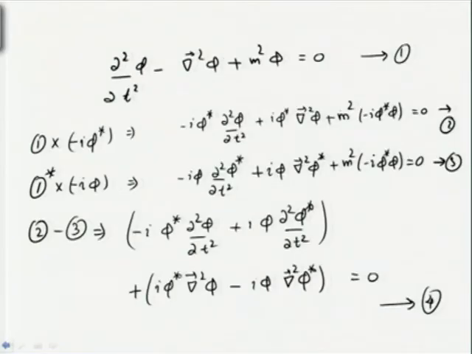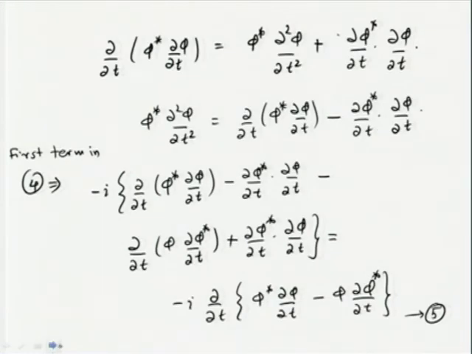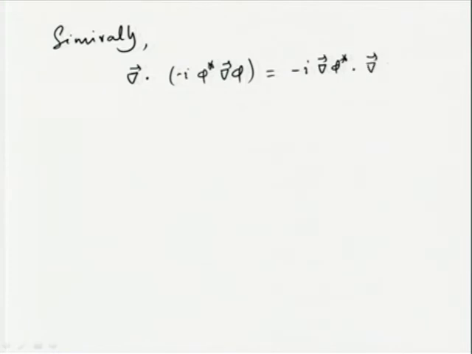The second term is i phi star grad²phi minus i phi grad²phi star, and in exactly similar way as we did in the case of the time derivative, we can write the gradient of minus i phi star grad phi dot here is equal to minus i grad phi star dot grad phi minus i phi star grad²phi.